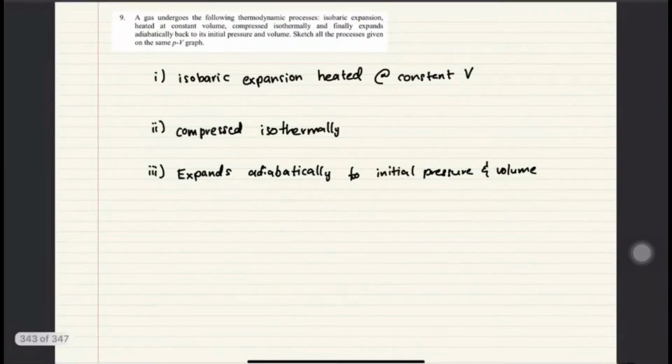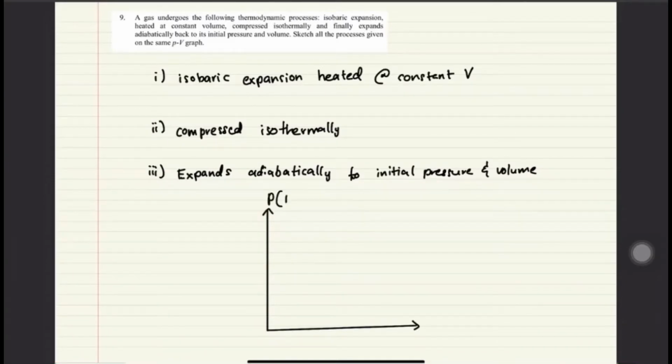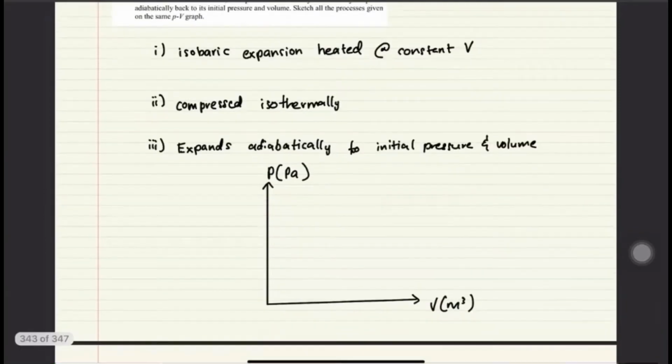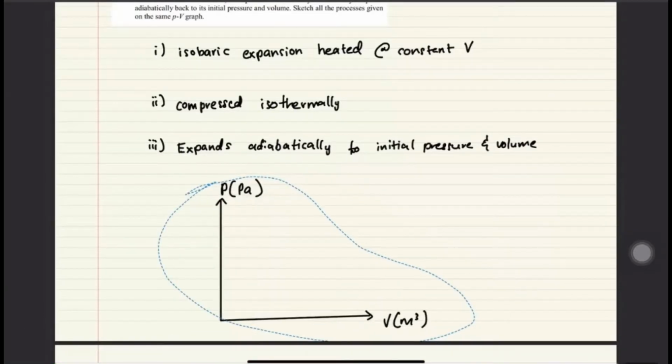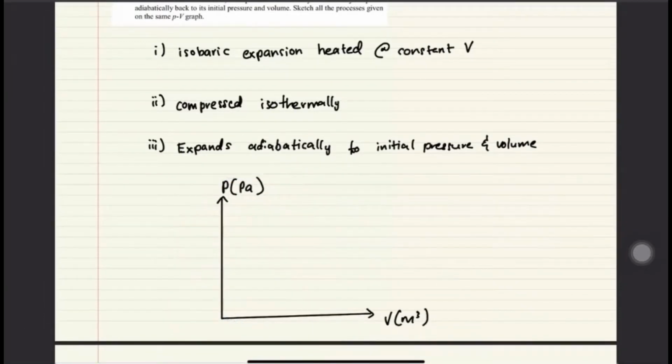So I just draw the axis first. So they didn't say any unit or anything, just label the SI unit. Okay, dia kata first of all, it is an isobaric expansion. Isobaric, apa yang constant? Pressure.